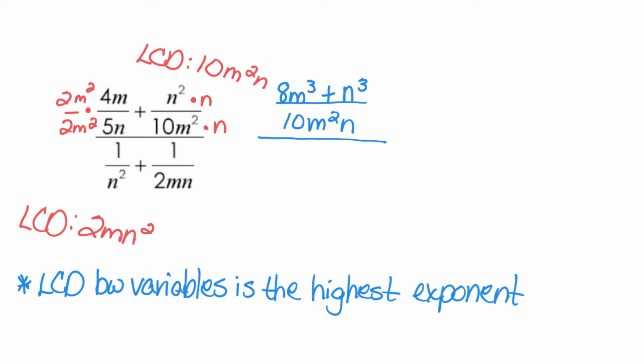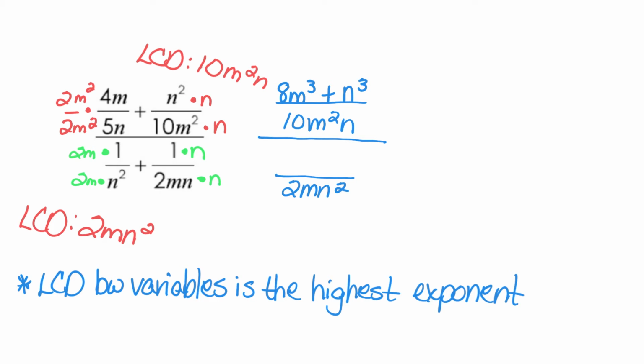I need to multiply both the numerator and denominator by 2m. So let's look at what we would have to multiply this by to get 2m n squared. Well, it's only n. So I already know what my denominator is going to be. It's going to be 2m n squared. It's going to be the same.